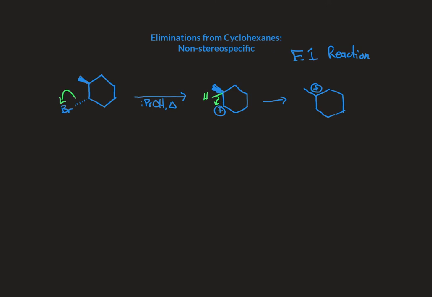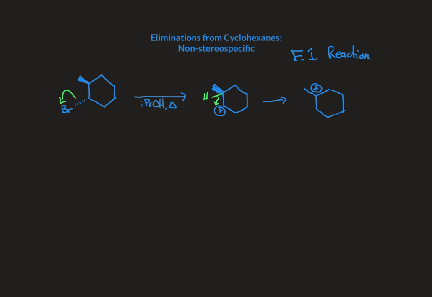Notice that when I do that hydride shift, I got rid of my stereochemistry because this carbocation is now sp2 hybridized, is trigonal and planar, and I have lost all information about the stereochemistry that the reactant had.